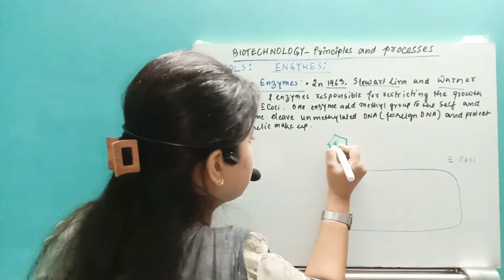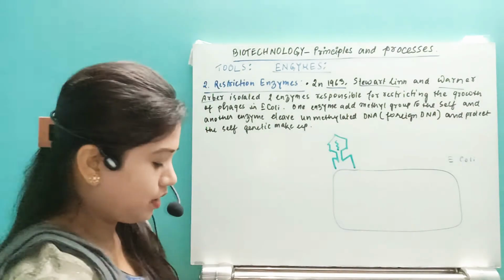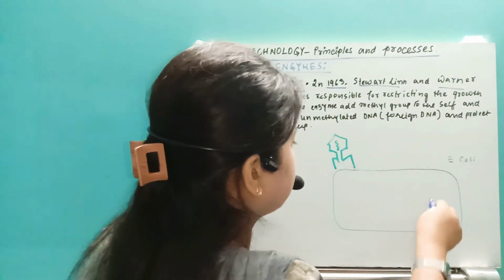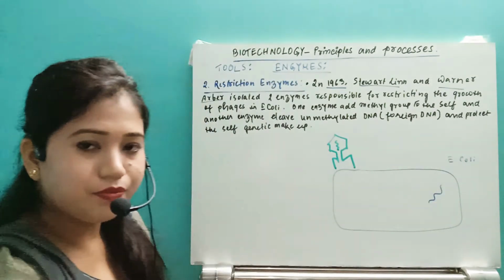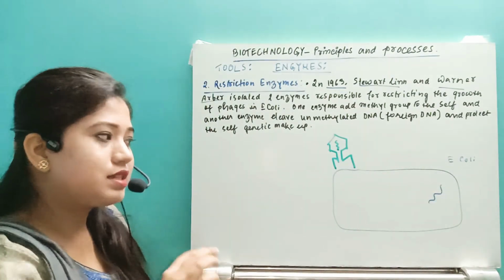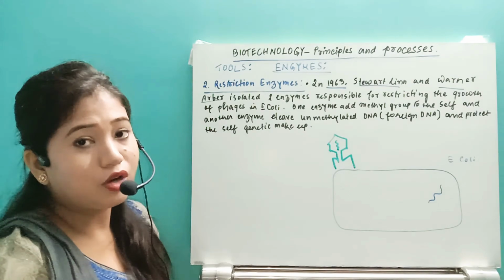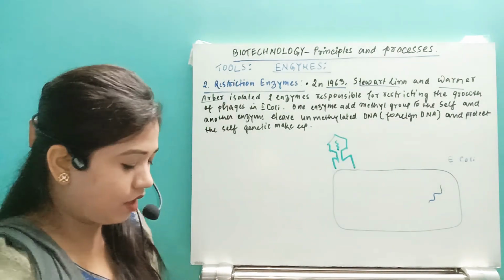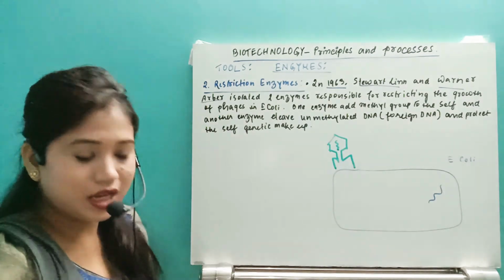So this is its genetic makeup, right? And in the case of the E. coli, this is supposedly its genetic makeup. Now, similar to a defense or immune system, they have another mechanism. And what is that? That is the restriction enzyme.